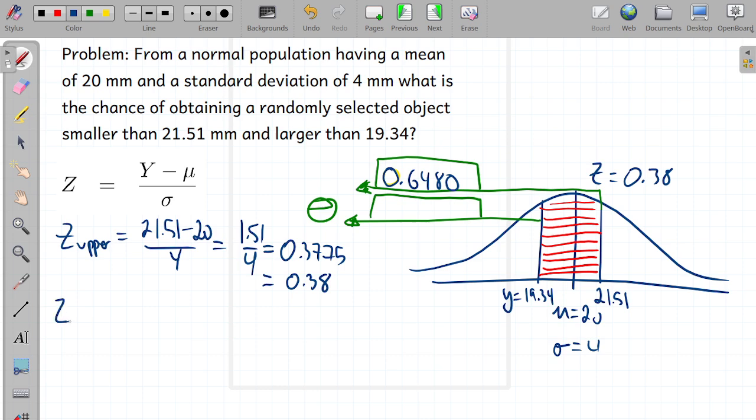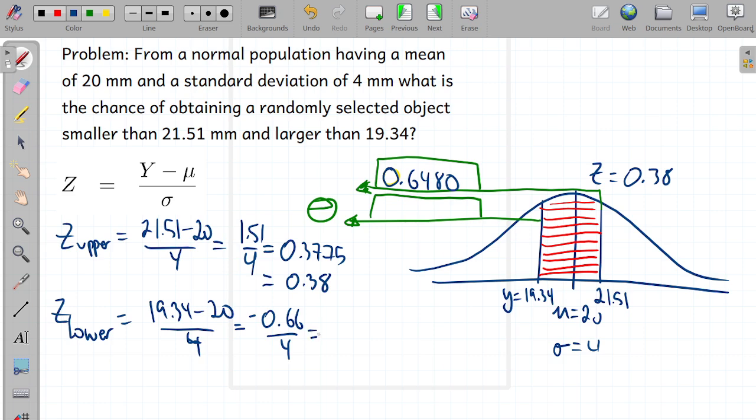Now, we need z for the other one. Let's find z lower. Handwriting's getting worse. Almost time to call it a night, I think. So this is 19.34 minus 20 divided by 4. So that is negative 0.66 divided by 4.